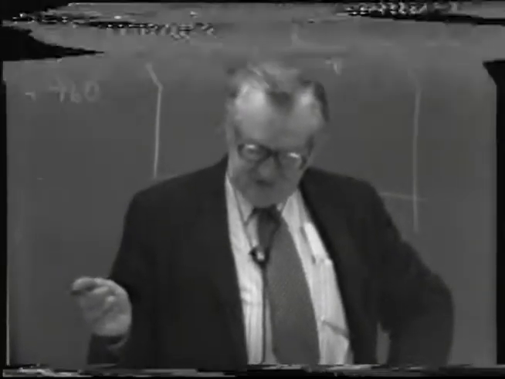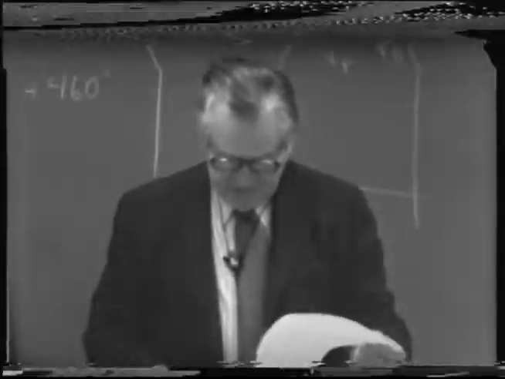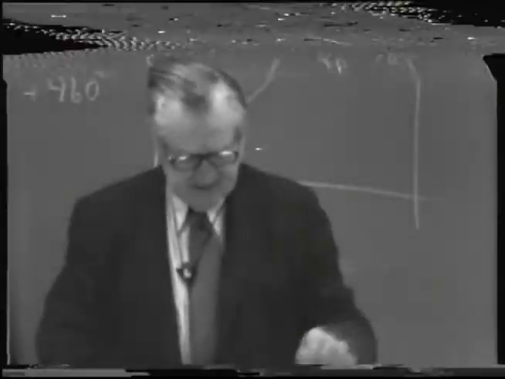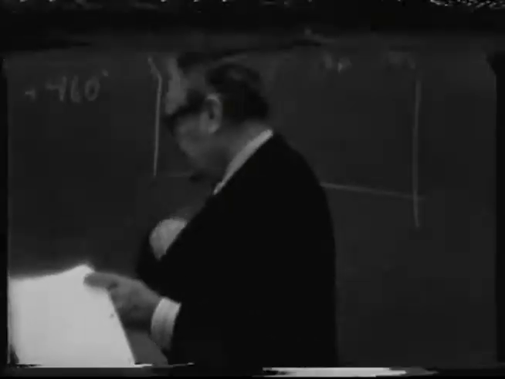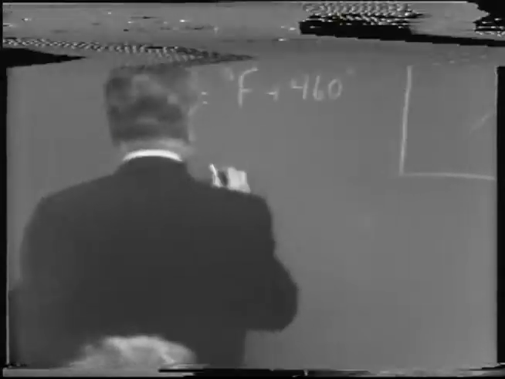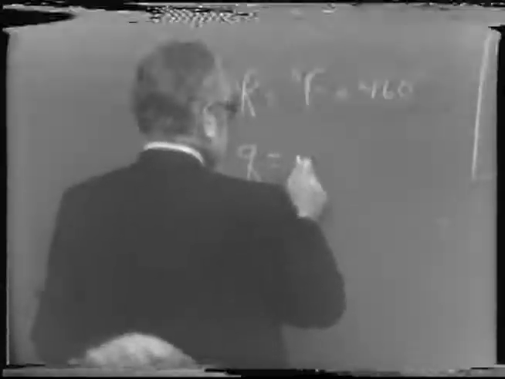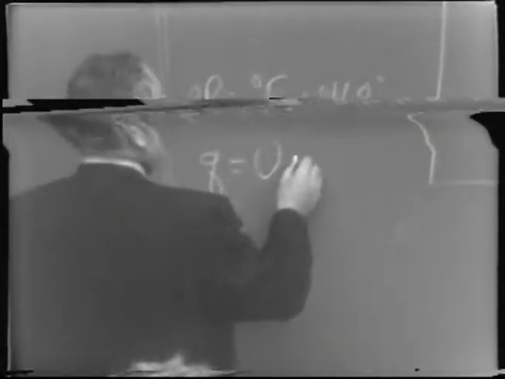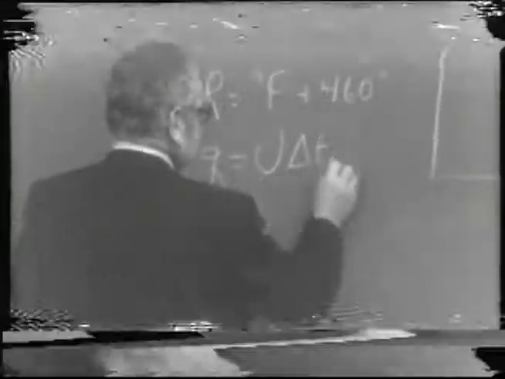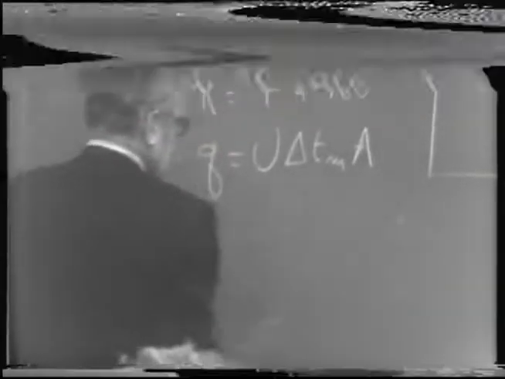So now we have a general overall equation of heat transfer, which is not clearly stated there anywhere that I can see, but anyway, I'll write it down. It is that Q is equal to the overall heat transfer coefficient times the mean temperature difference times the cross-sectional area.